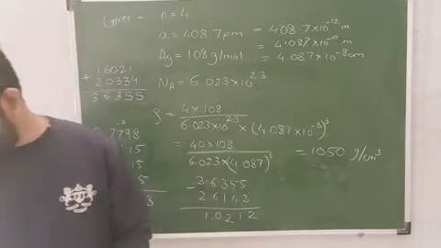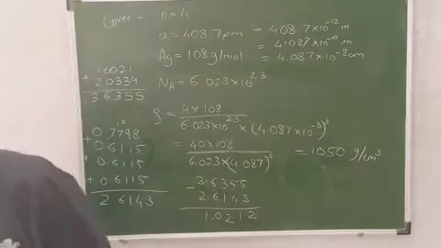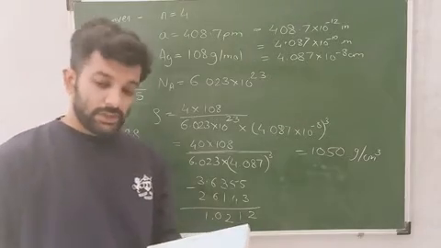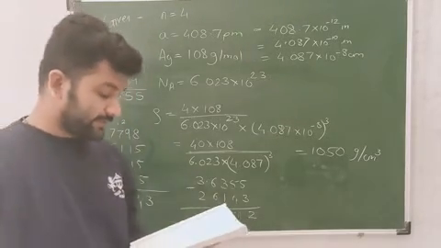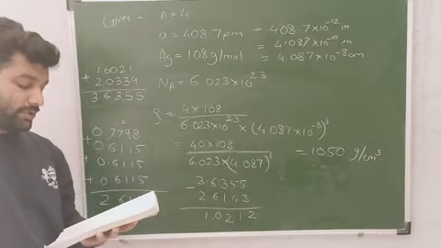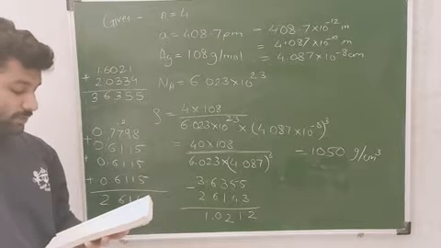We will see one more example and I will solve it with the help of the log table. Take example. Naturally occurring gold crystallizes in FCC structure and has a density of 19.3 gram per centimeter cube.